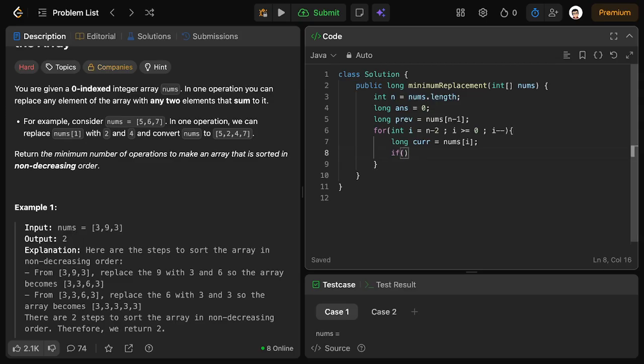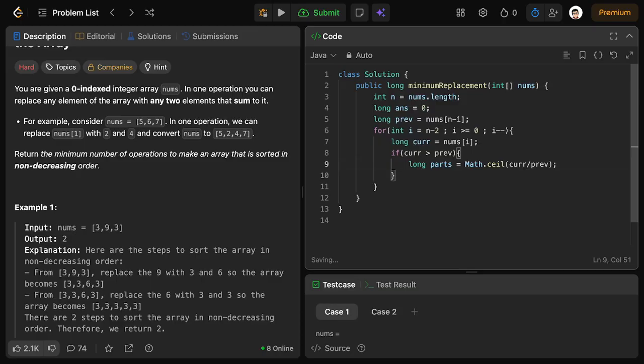So if my current is greater than the prev value, my number of parts would essentially be math.ceil of current divided by prev. This would be my number of parts.